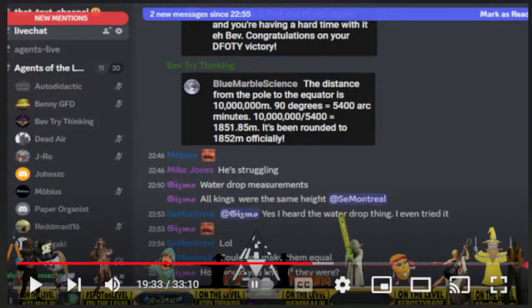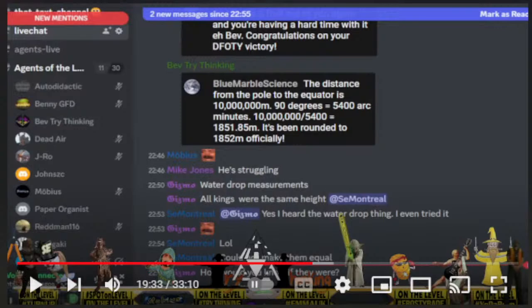So that 10 million divided by 5,400 equals that. So that's a math equation. So he doesn't understand 1852. 90 degrees is 5,400 arc minutes, right? So that's what you're dividing the 10 million meters by, and then you get 1852 meters. This is grade school simplicity, for God's sakes. We've got 10 million meters.